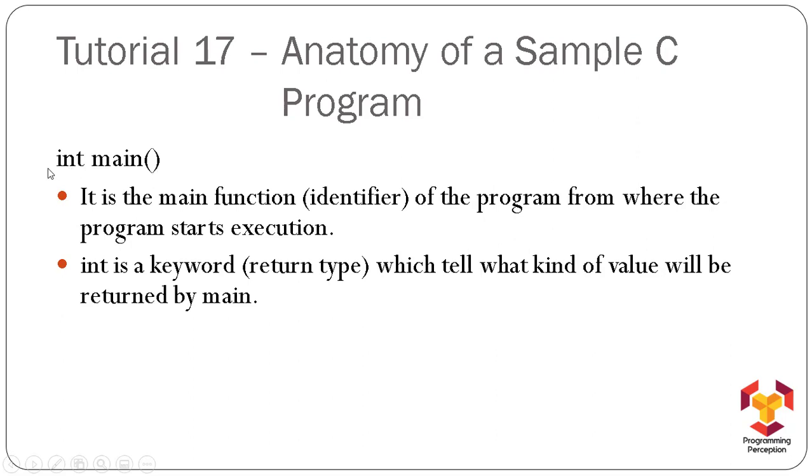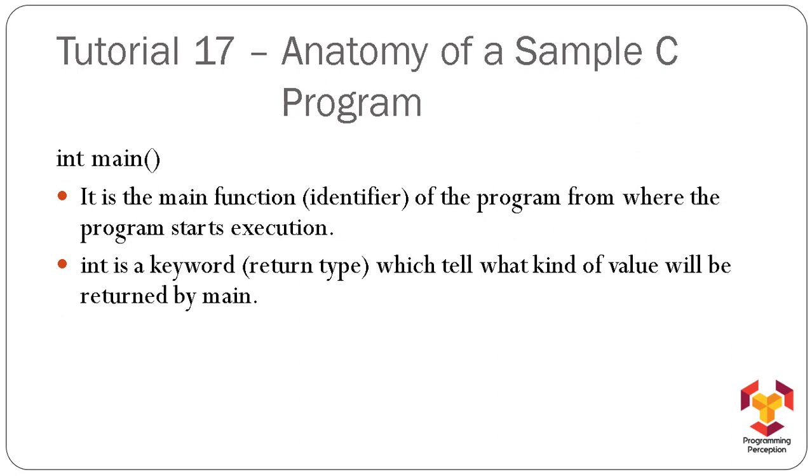Here int denotes that whenever this main function returns, it is going to return an integer value with it. Functions have the functionality of returning a value, and we will deal with that in detail when we study functions. So here the main function's return type is int.